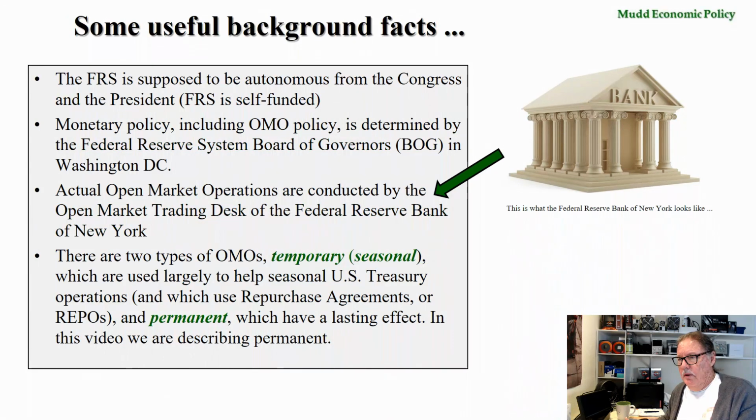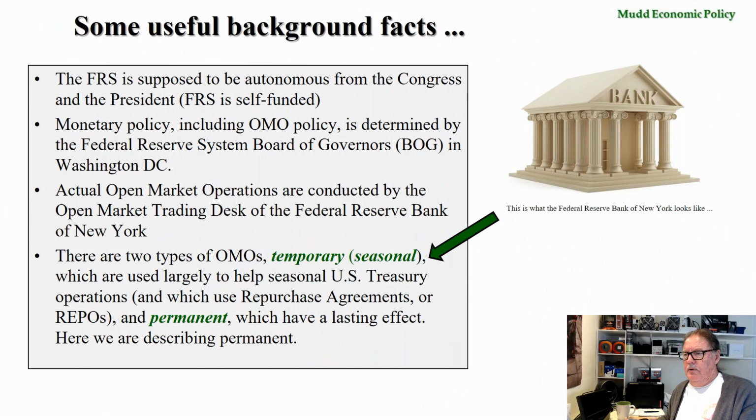And then two new pieces of information here. You don't know this. There are actually two kinds of open market operations as expressed by intent. There are temporary open market operations, which are generally also seasonal, that are done for a short period of time and then rolled back.